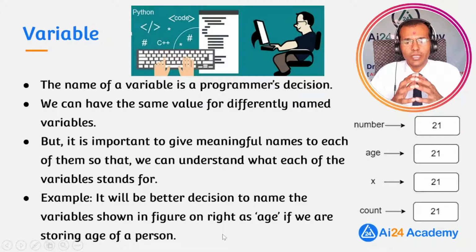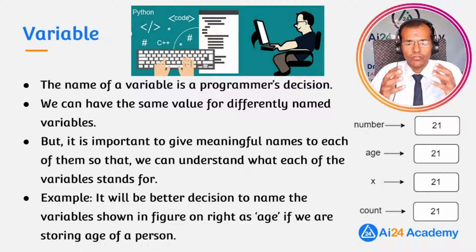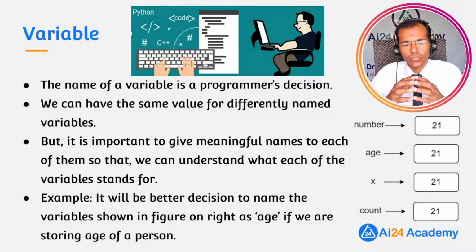Now variable naming depends on the programmer. It is the programmer's choice what variable names should be given to different values. We can have the same value for differently named variables, but it is important to give meaningful names to each of them so that we can understand what each variable stands for.